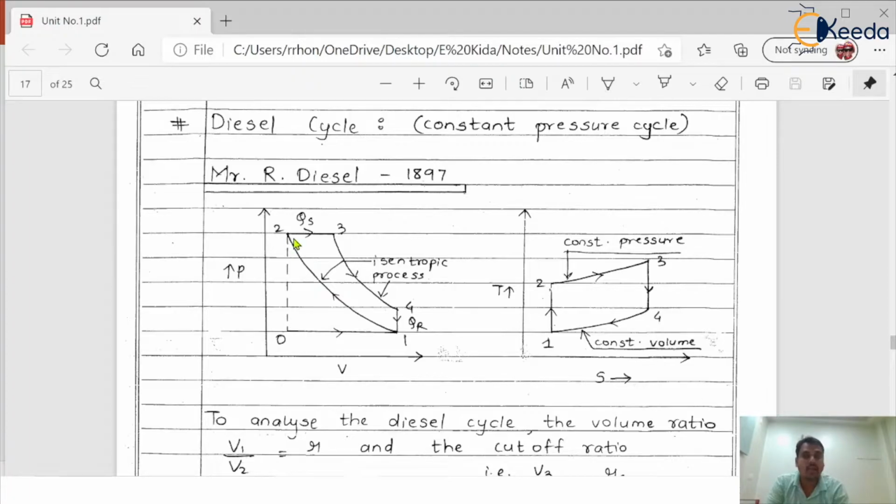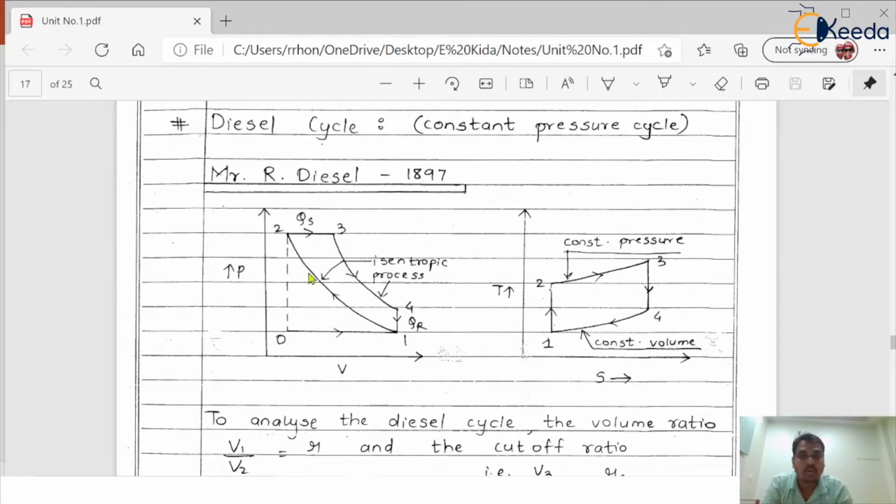Similarly, in the case of the diesel engine, during process 2 to 3, we are not using any spark plug, but we are using an injector. Always, my dear friends, in the case of a diesel engine, we have to use an injector.